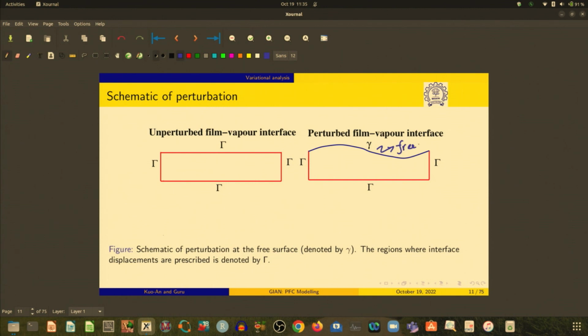This one is a free surface, and capital gamma is where displacement is prescribed. The prescribed displacement is 0, and a free surface you can think of as prescribed traction.